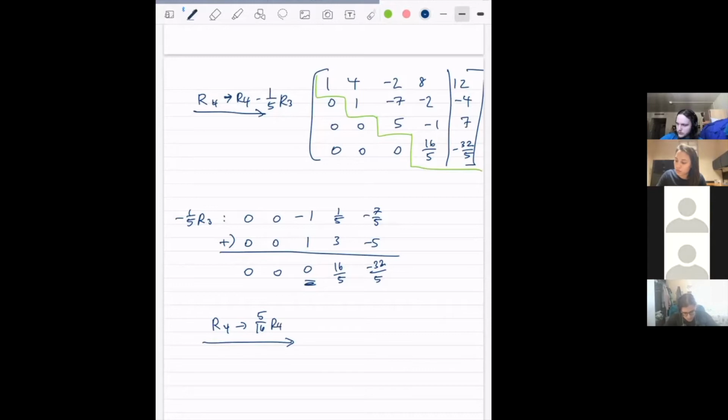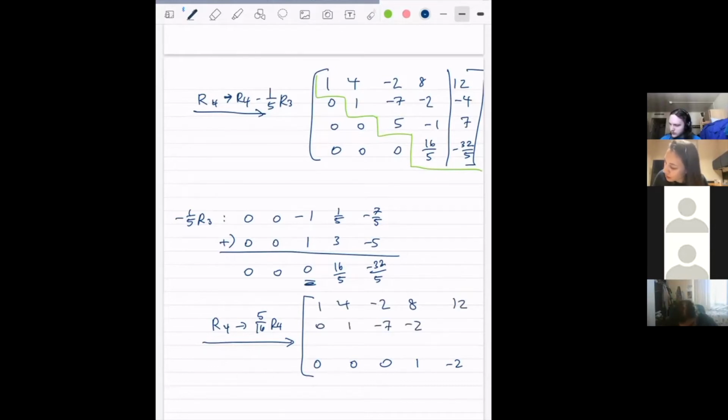So what I'll get in the last row is just 1 here and then -2, I believe. Right, I think that's right. And so just filling in the rest of the matrix, 0, 5, -1, 7, right?